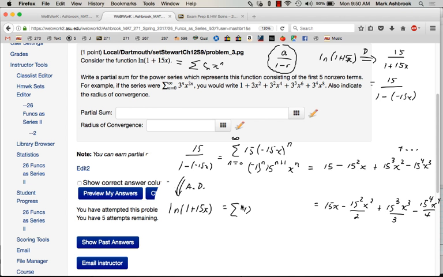Okay, so antiderivative will be negative 1 to the n. So anything that doesn't have an x in it is just going to come along for the ride. It won't change, right? So then I have x to the n plus 1, and that divided by n plus 1.